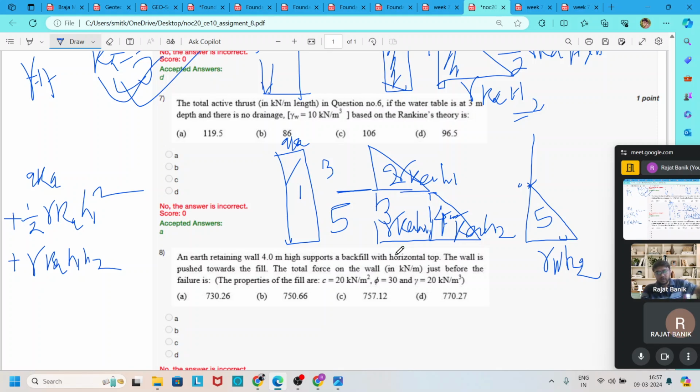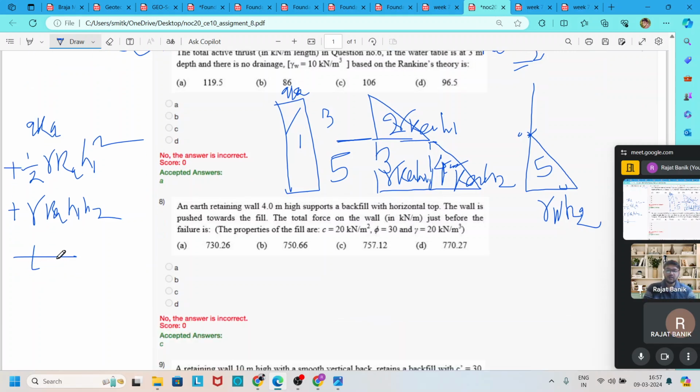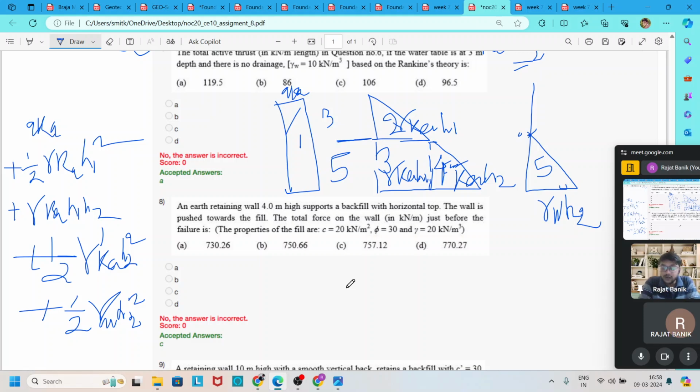Area 4 is half gamma dash Ka H2 square, and last for water it is half gamma w H2 square. Put in all these values, where gamma dash is gamma saturated minus gamma w.